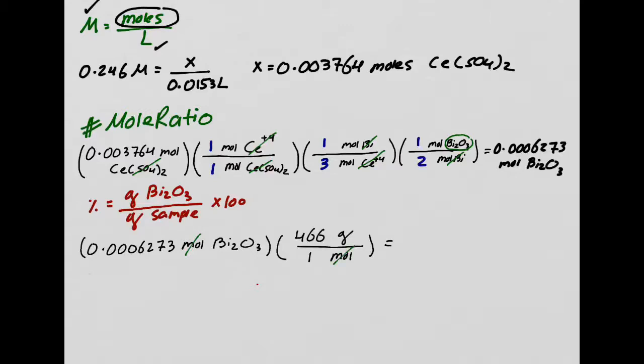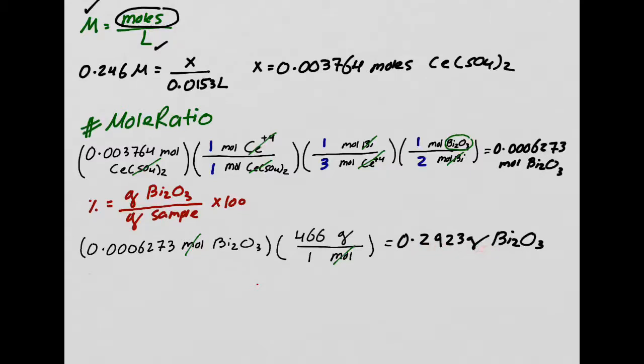So the grams that I get is 0.2923 grams of Bi2O3. Alright, I finally have what I want. Now, remember again, we're trying to figure out, there's this sample, how much of that sample is bismuth oxide. And we said this is a gram percentage.